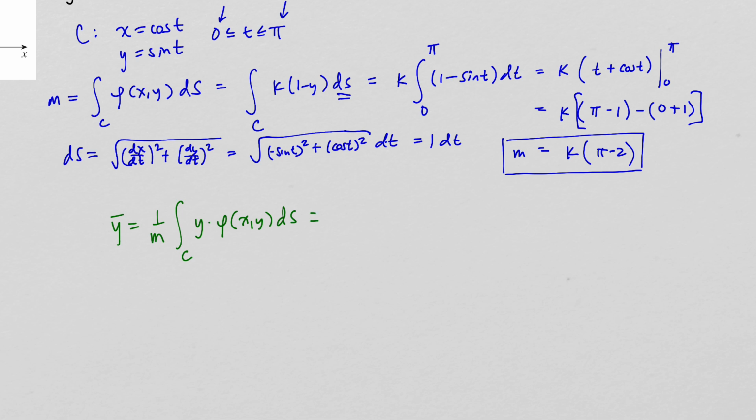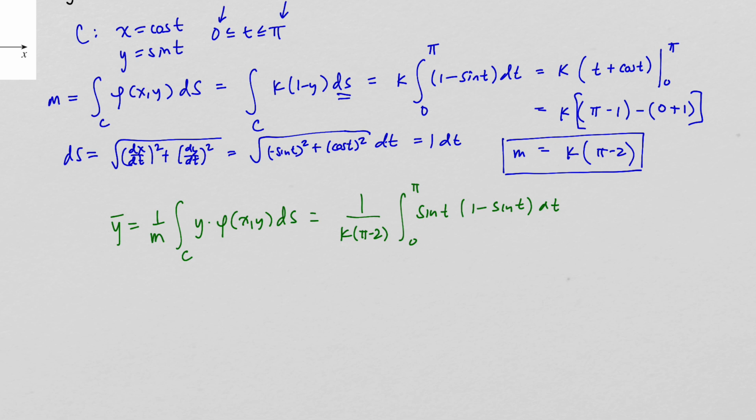And so this will be 1 divided by k times pi minus 2 integral from 0 to pi y, which is sine of t, times 1 minus y, which is 1 minus sine of t, dt, okay?